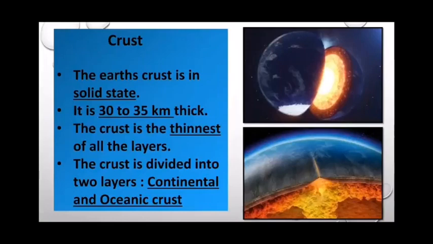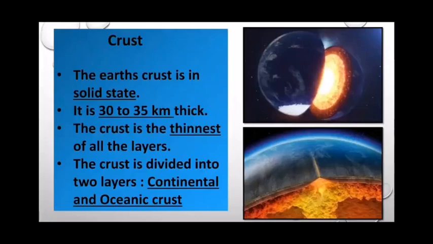On an average, it is 30 to 35 kilometer thick. The thickness of the crust below the continents is from 16 to 45 kilometers, 40 kilometers under the mountain ranges, and less than 10 kilometers under the oceans.